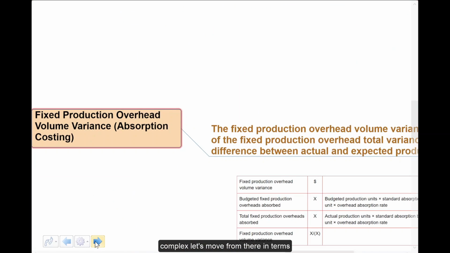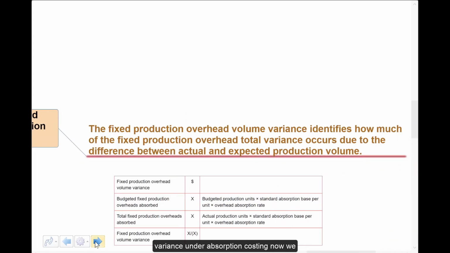Let's move from there in terms of the fixed production overhead volume variance under absorption costing. Now, we know what absorption costing is. We're simply talking about the idea that there is a difference between actual and expected production volume. Okay, so we anticipated this volume, but we actually achieved this volume. That's what creates the variance.